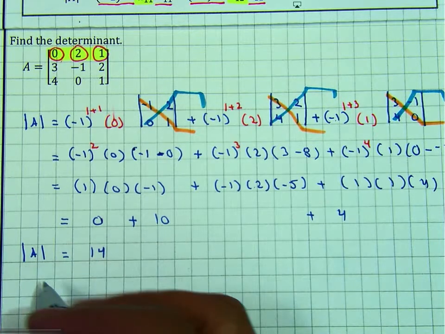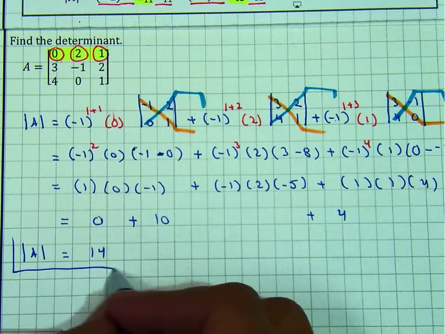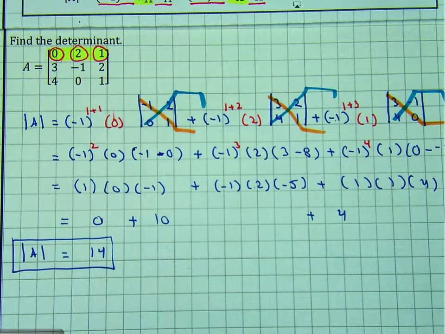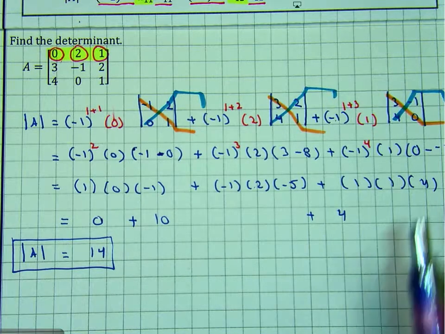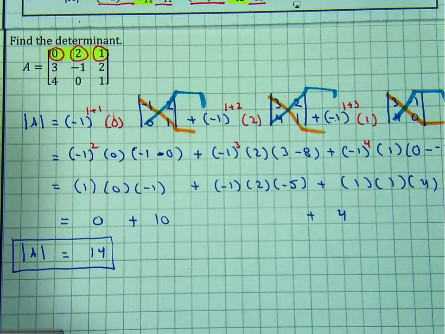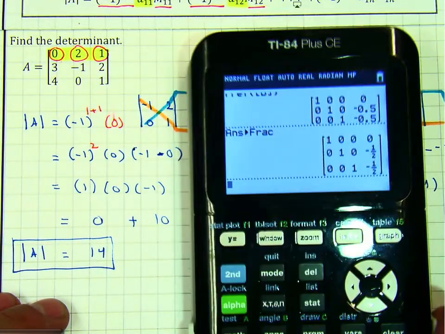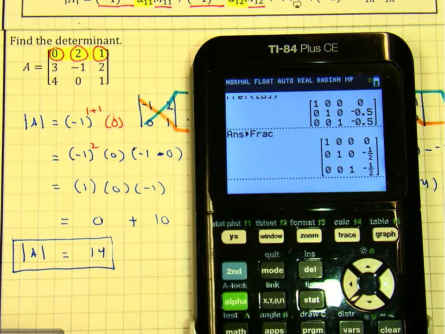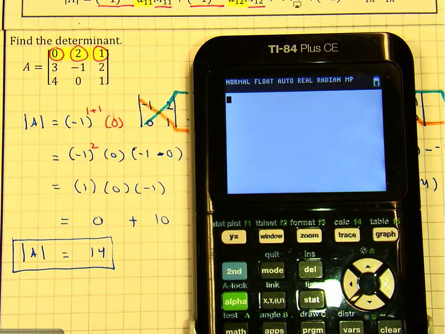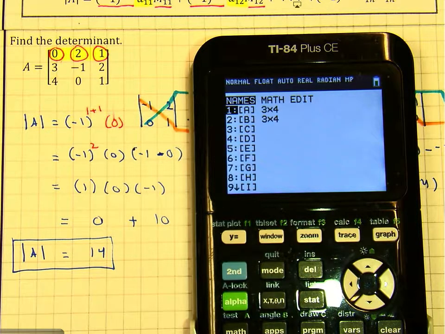Now let's go and get our calculators and confirm that this is the determinant. We started doing this last time. If you are absent, then we can do this when I come back tomorrow. But if you can get your graphing calculator, most of you guys have the TI-84. So therefore, I'm going to go under matrix, second matrix.